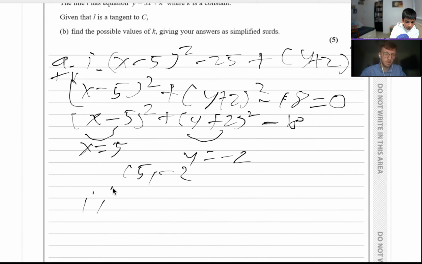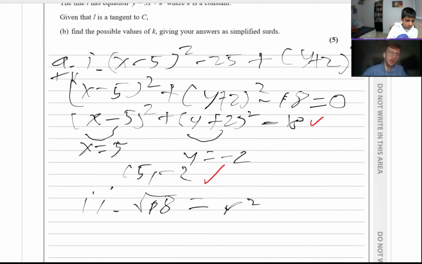For part (ii), the radius is just square root 18, because if we look at the equation of the circle and compare, that's r squared.